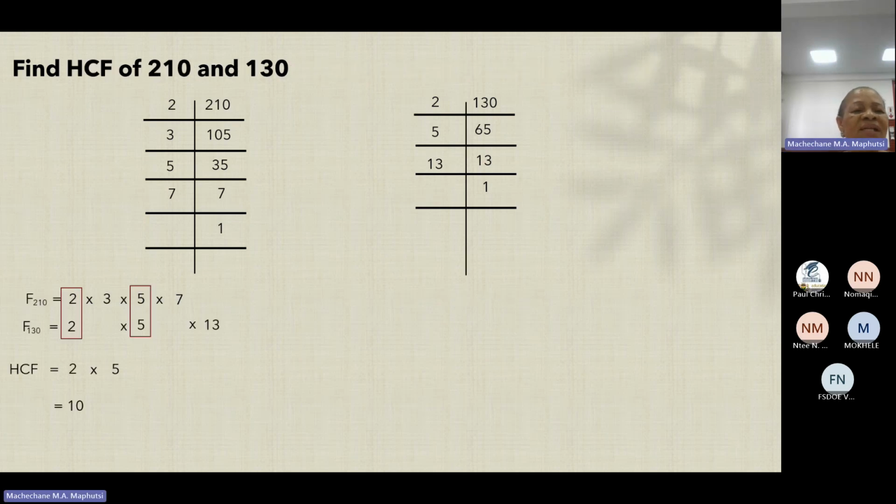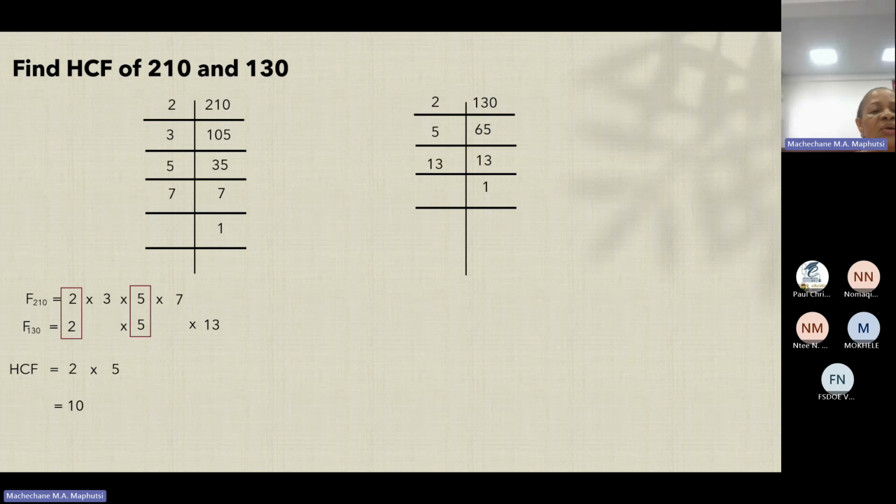Now let's go to finding the HCF of 210 and 130. I just use the same numbers so that we can save time. You have seen how to find the factors: you start dividing by the smallest prime number, and if it doesn't divide, you go to the next one.